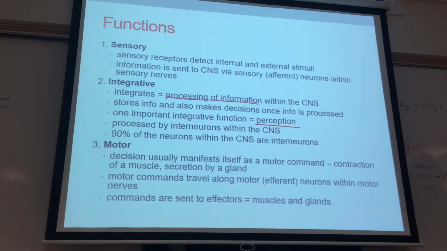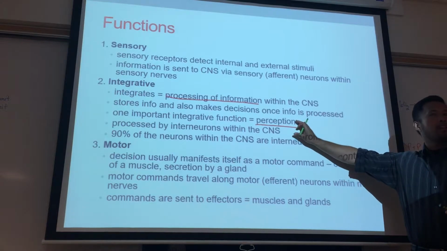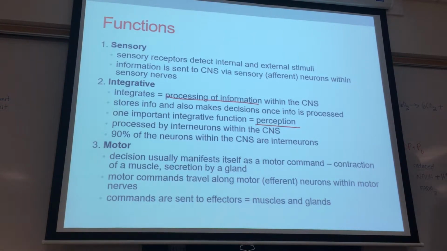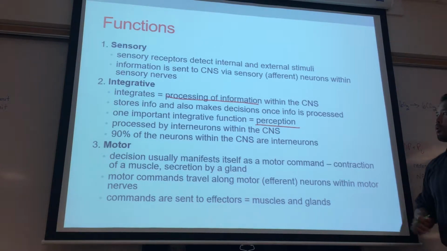To give you an example, you're constantly sensing information, maybe the temperature. But the integrative center is realizing the temperature in combination with other sensory things. What's happening with your skin? What's happening with your overall core temperature?